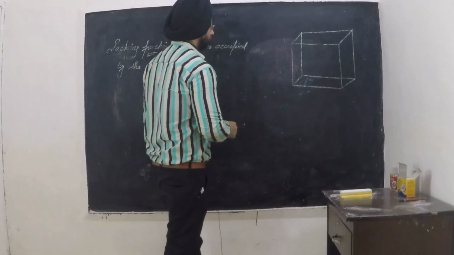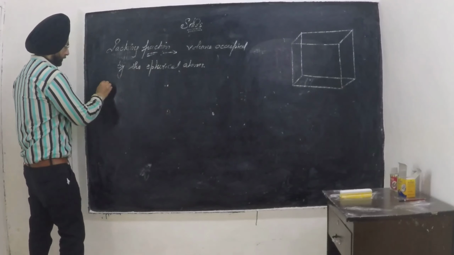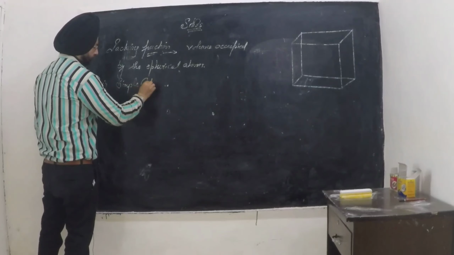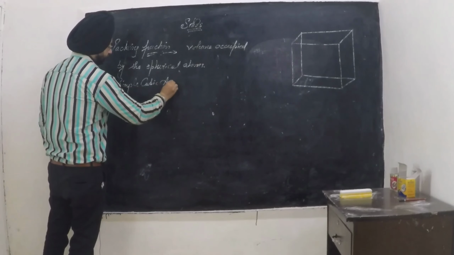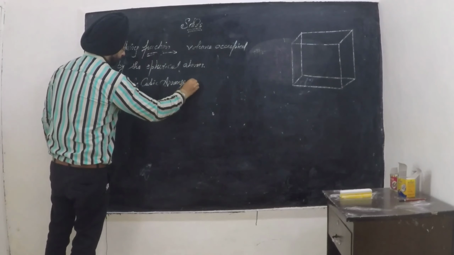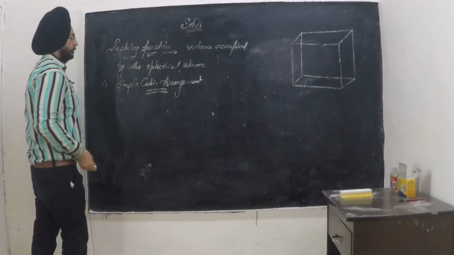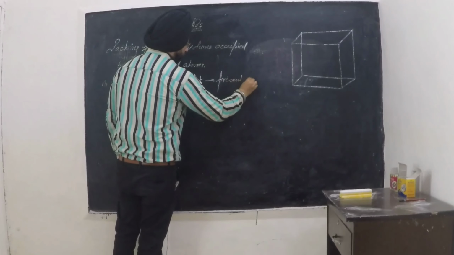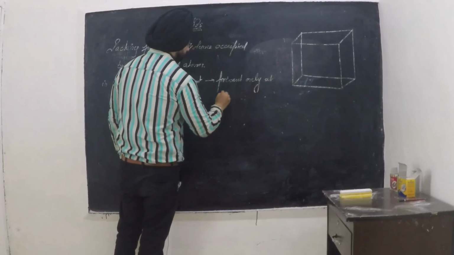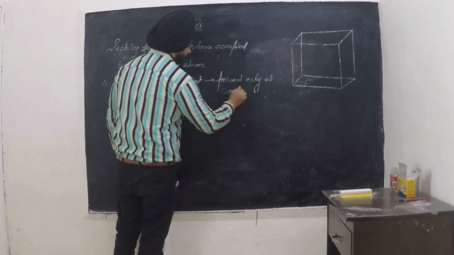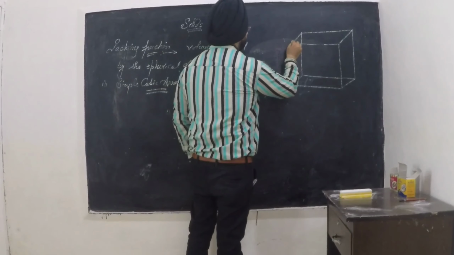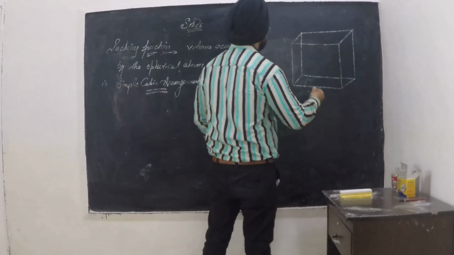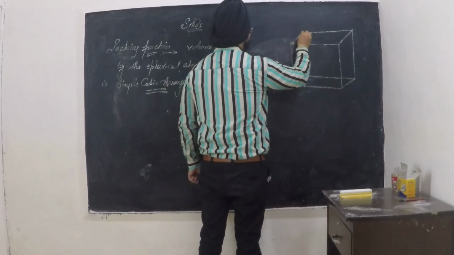In case of simple cubic, atoms are present only at the corners.